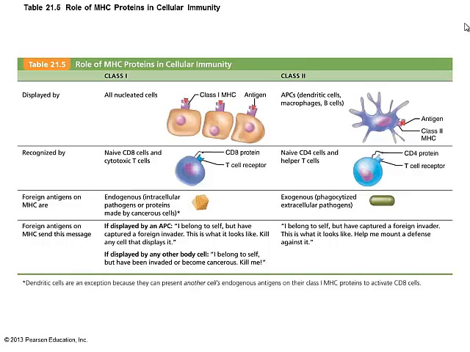Yes? Can I ask you, why, even though class 1 MHC and class 2 are on different cells? Yeah, class 1, pretty much all cells have this class 1 protein, and class 2 is only on dendritic cells, macrophages, and B cells.